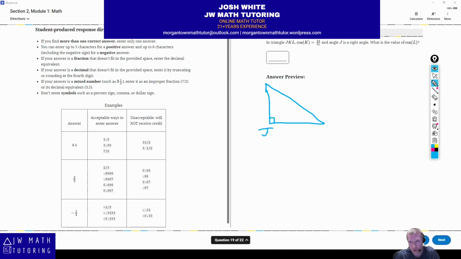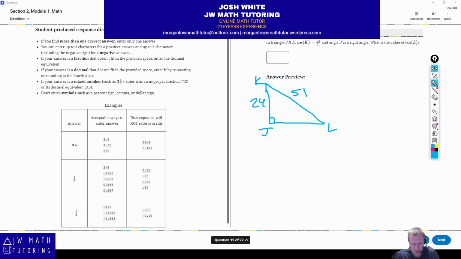They tell us J is a right angle, so we've got whatever K here and L here, right? We know the cosine of K, so here's angle K at the top, is 24 over 51. So that means the adjacent side right here is 24, and the hypotenuse would be 51. They want to know the value of cosine L.